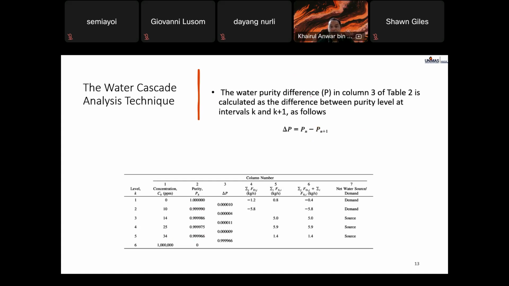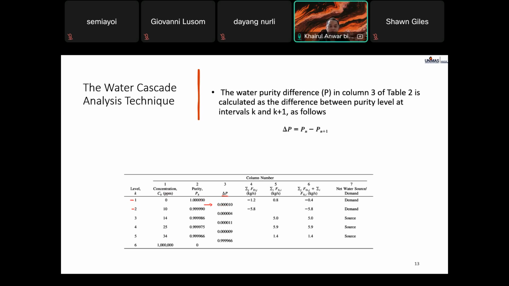The water purity difference, delta P here, not delta P for pressure, is for the P level. Interval K means between the K, so this is between 1 and 2K. So 0.01 is between these two in the middle.